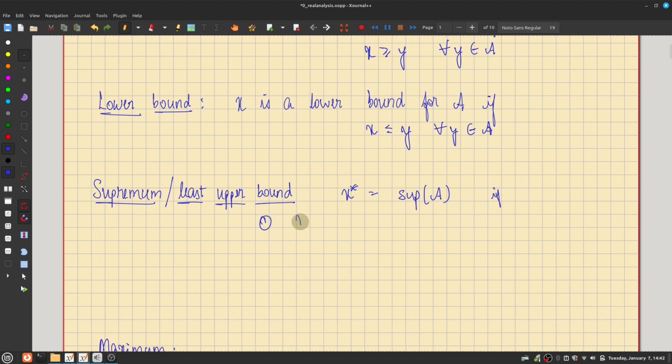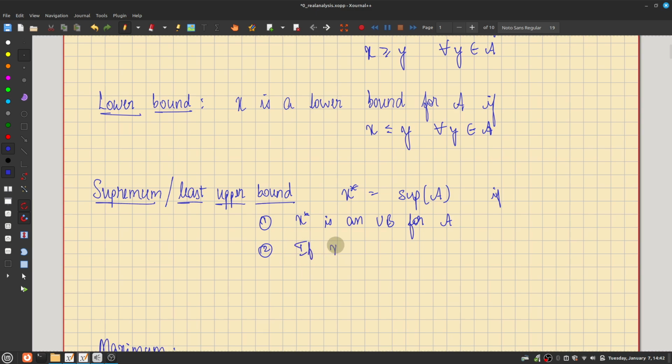First, x star is an upper bound for the set A. So x star is greater than or equal to every element in A, but at the same time it is the smallest possible upper bound. So if you take any other upper bound for A, then this is smaller than that.